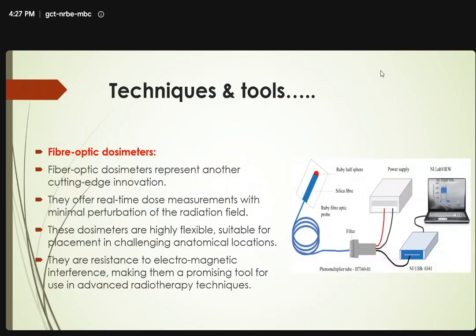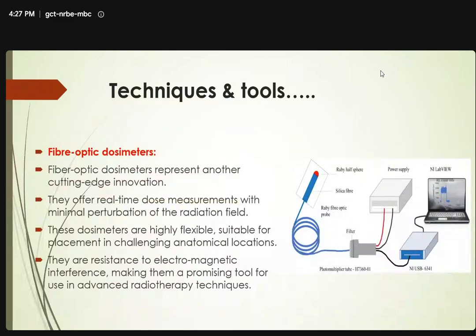Next is fiber optic dosimeters. So I've shown this fiber optic dosimeter here. These represent another cutting edge innovation. They offer real-time dose measurements with minimal perturbation of the radiation field.